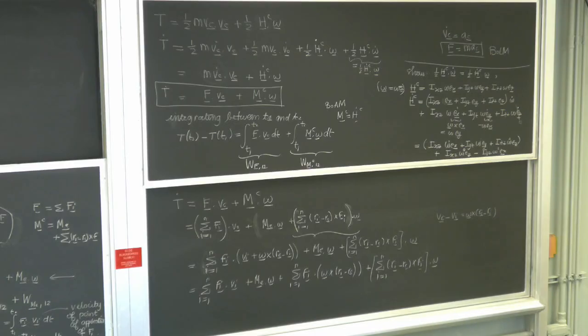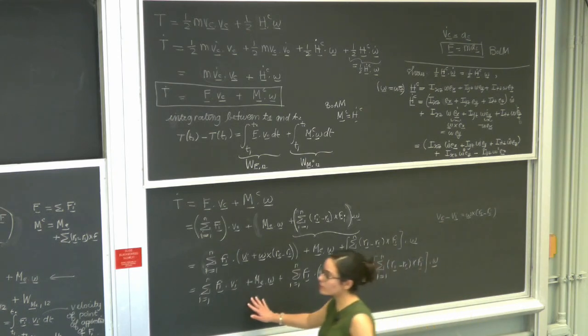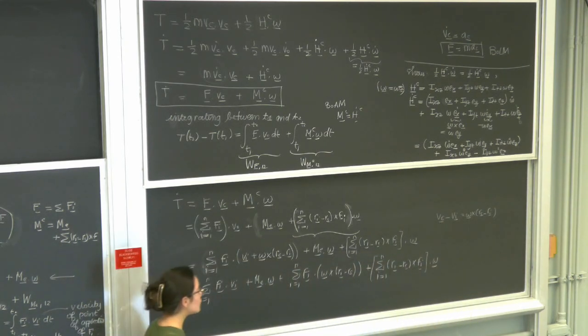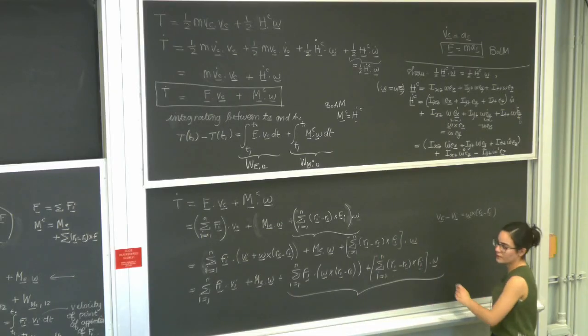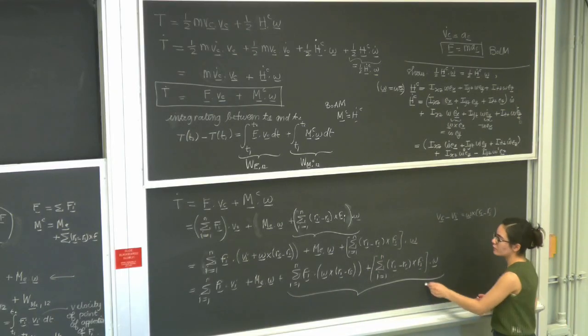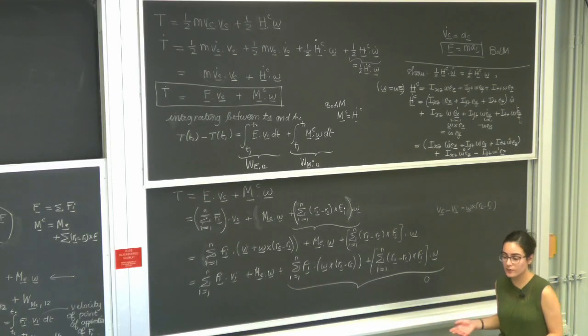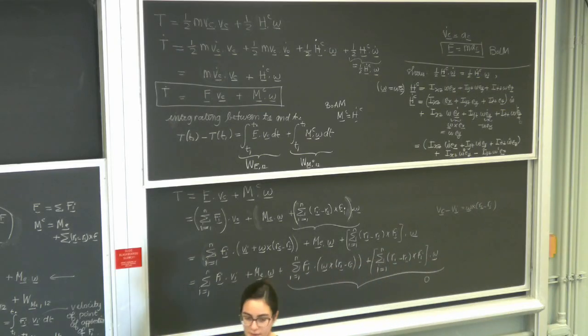Okay, so what do we need for these two expressions to be equal? We need that these two terms be what? We want them to cancel. We want them to be 0. Do they cancel? How?